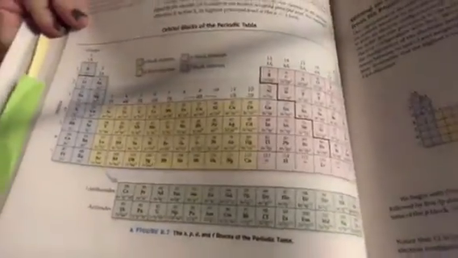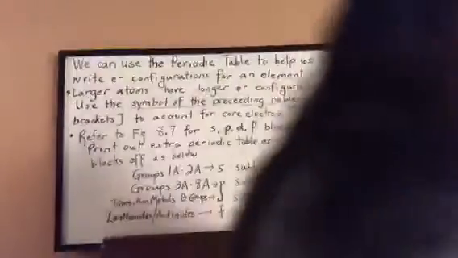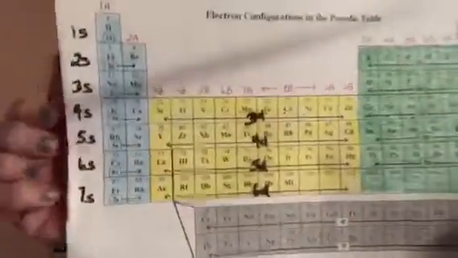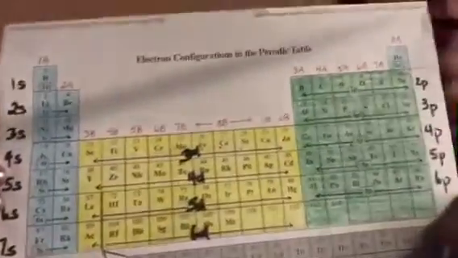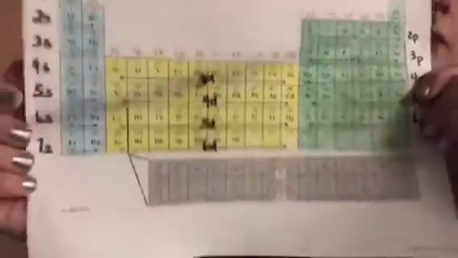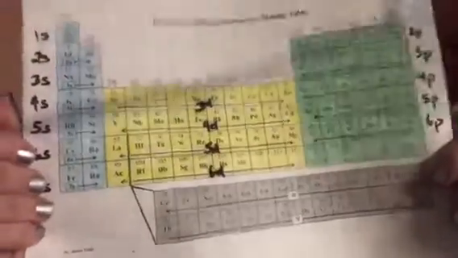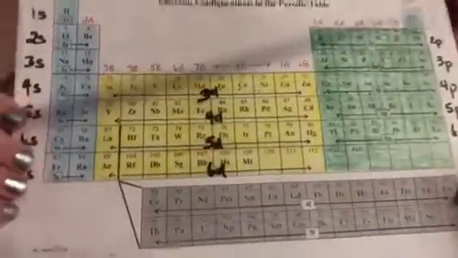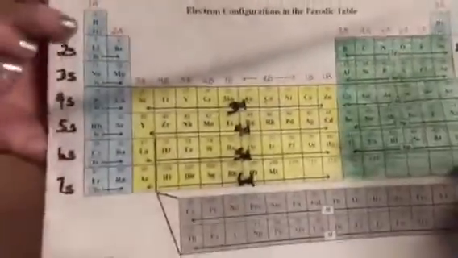So I'm going to show you a chart that I have, which is the same. It's just easier for me to hold up a piece of paper than the whole book. So go onto Canvas and print out for yourself another periodic table and mark it up. Take 4 different color crayons or markers or pens or whatever.